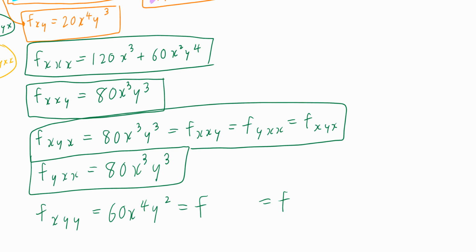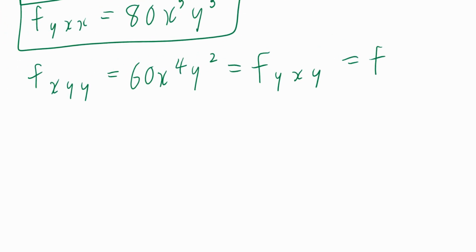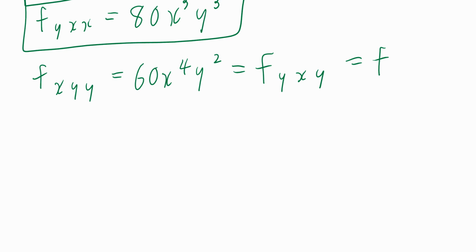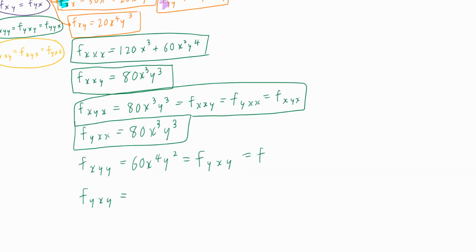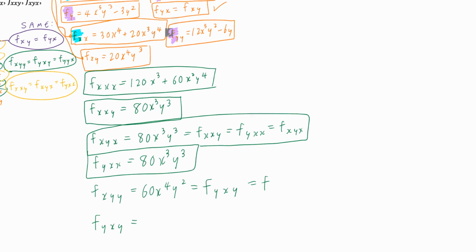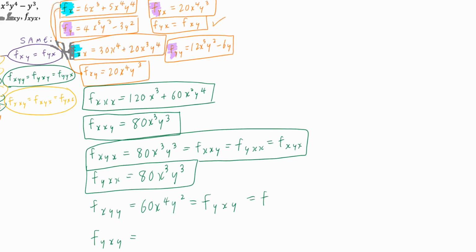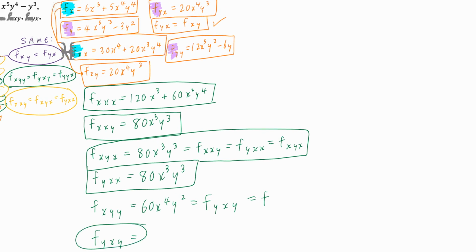And I hope you can tell by the pattern that f_xyy equals f_yxy. Now again, let me go back and really show this. I can't conclude this so early. Let's go back to f_yxy. Now again, what does this really mean? I go back. I find f_yx. Now f_yx, by the way, is right here.